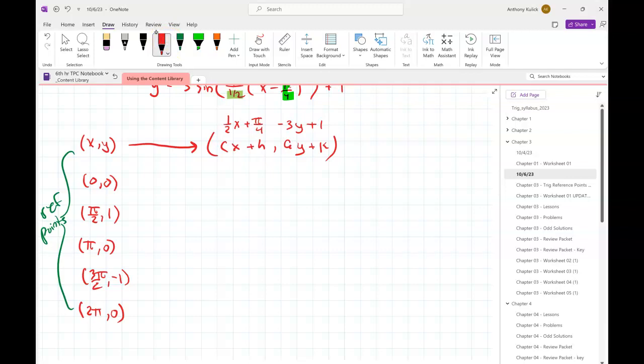So just as a reminder, I'm just getting those from the reference point sheet. So I'm going to go ahead and plug these in now. So I have 1/2 times 0 plus pi over 4, comma, -3 times 0 plus 1. So that comes out to be pi over 4, comma, 1.